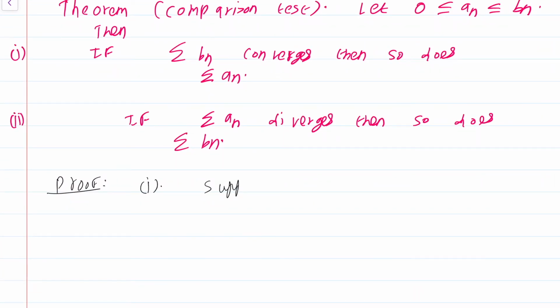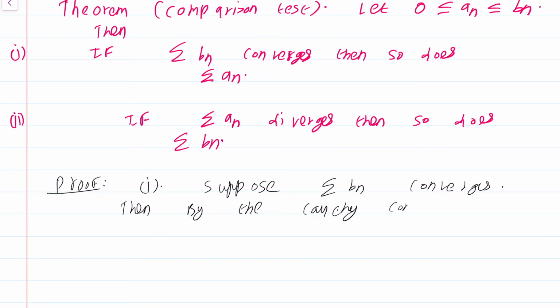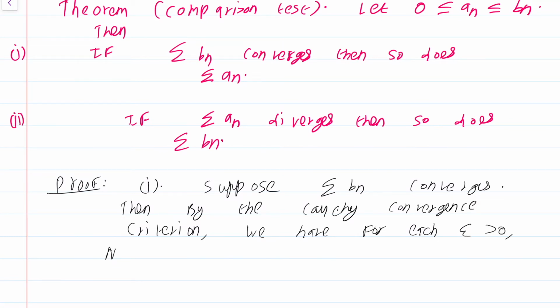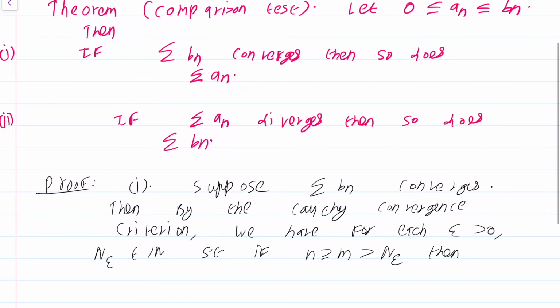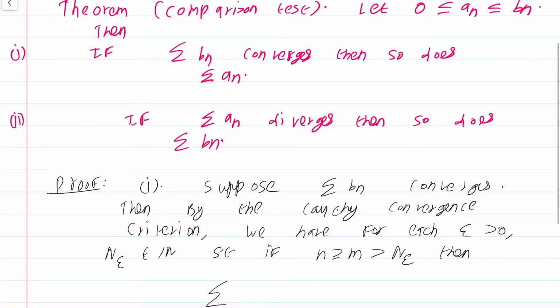Suppose summation bn converges, then by the Cauchy convergence criterion, we have for each epsilon greater than 0 an n epsilon in N, such that if n is greater than or equal to m is greater than n epsilon, then summation of modulus of bj as j runs from m to n is less than epsilon.